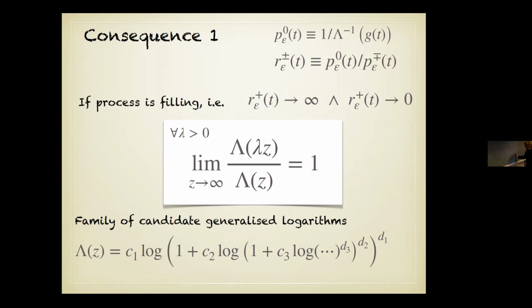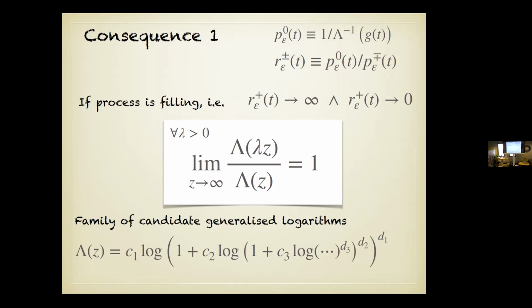And if it's this one here, then one can show that for the generalized logarithm, the following is true: pick any positive small lambda, fix it, take z, take this quotient, take z to infinity, and you get 1.